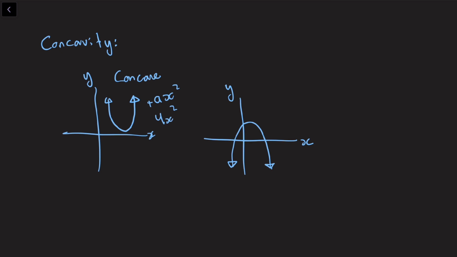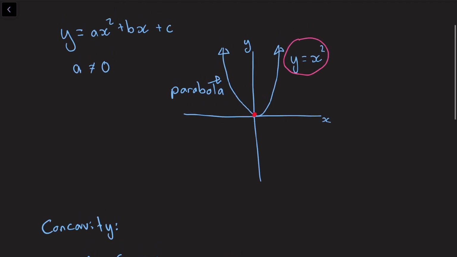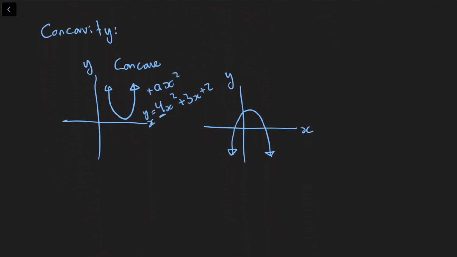Now, remember, this is not the entire quadratic. There's probably going to be some like 3x plus 2, and this entire thing is equal to y. Just keep that in mind. But we're only focusing on the a value as we studied in the standard or general form. So remember, when it's positive, it's concave up.